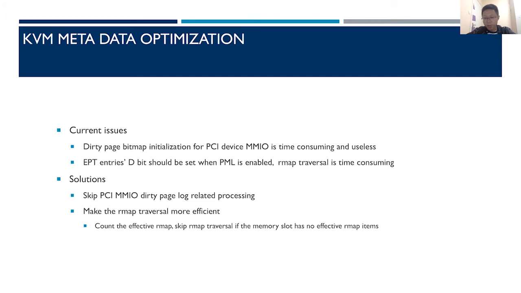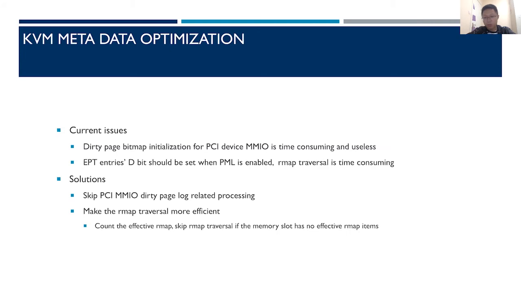During virtual machine creation, most of the EPT entries are empty. So, crossing all the reverse map to find a few effective EPT entries is not worth it. This can be improved by making the reverse map cursor more efficient.